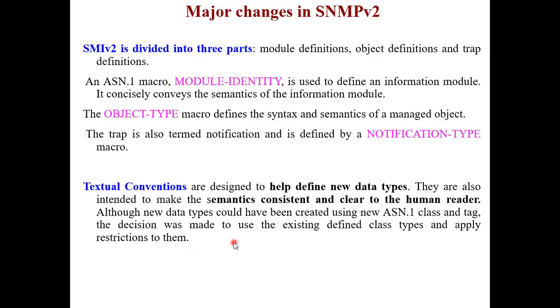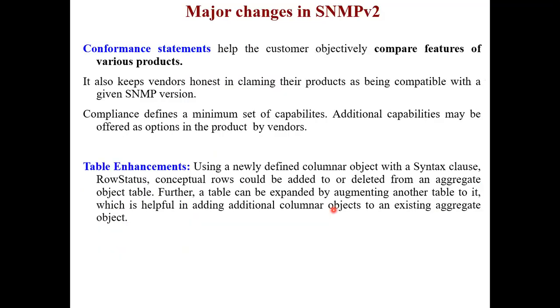Although ASN.1 was used in OSI or SNMP, there was a provision to add new data types there also. But still, in the SMI structure, by using these textual conventions, there was a provision to define new data types. So that was the feature that they added in the SMI.